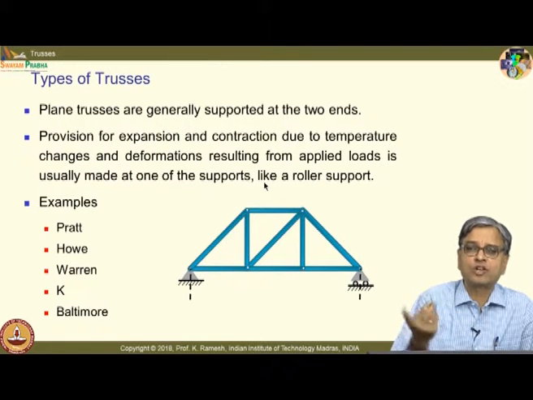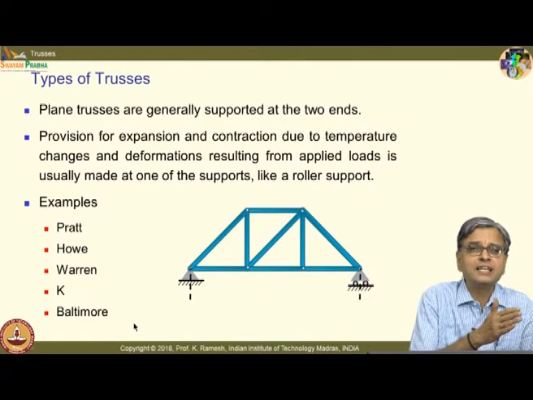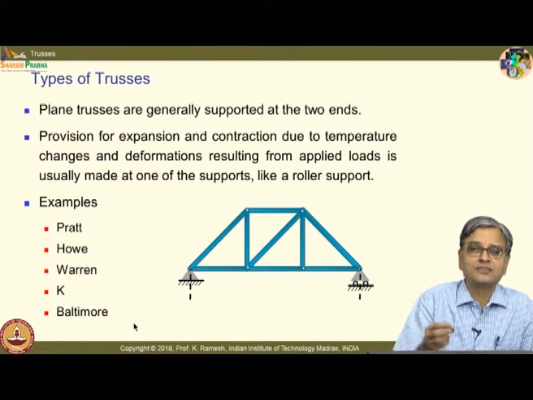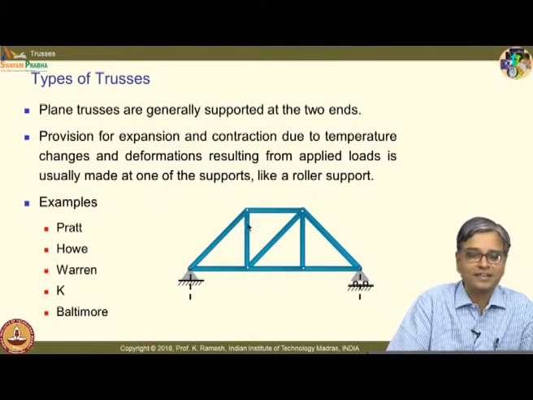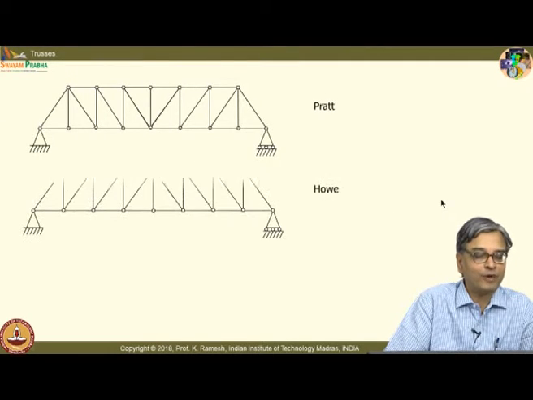And the trusses are also named after several people: Pratt, Howe, Warren, K, Baltimore. There you will see them, a very small change. You know, the Western society always wants to have copyright. Fine. Let us see the two trusses. I have a Pratt truss like this, and I have only one modification.